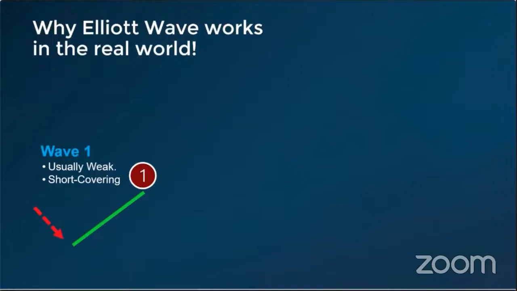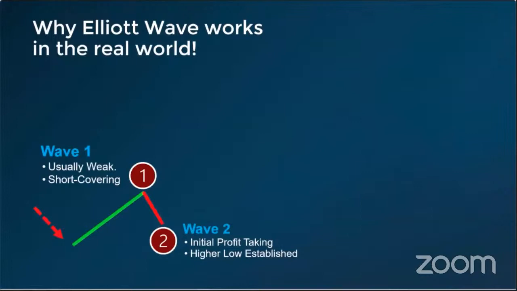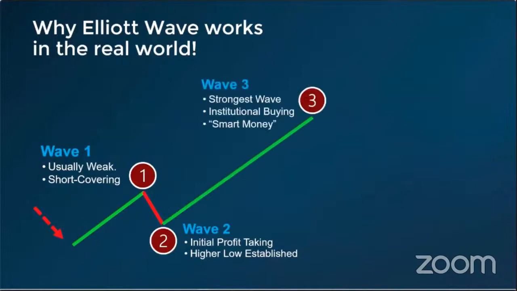It doesn't just start off as a really strong move. In fact, the wave 2 is some initial profit taking from that move to the upside. Few people bought in, they're already ready to take profits. So at this point in time, we don't really have evidence that a big trend is starting. The first key is that a higher low is established.